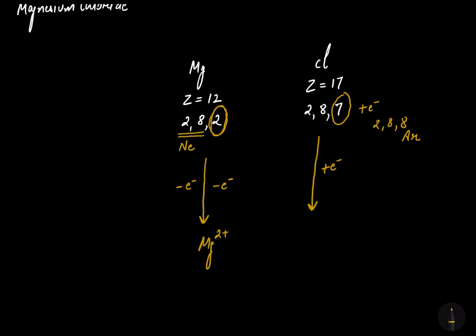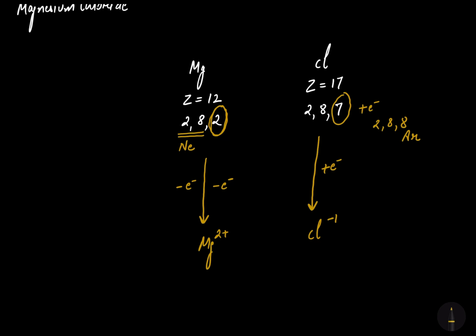According to the configuration, chlorine will gain one electron to achieve the stable noble gas configuration of argon, due to which chlorine will acquire 1 unit of negative charge.